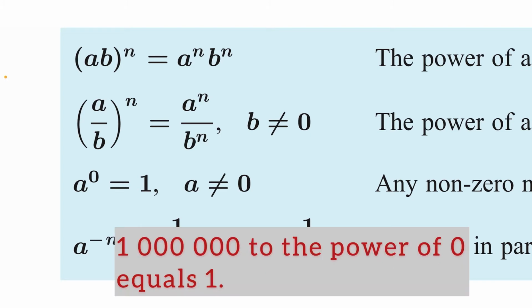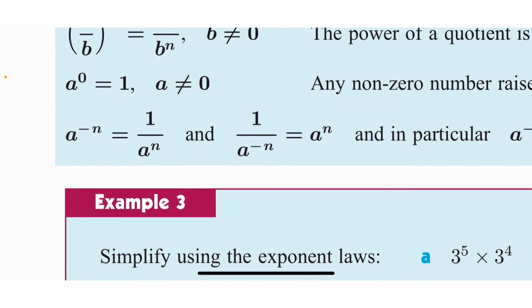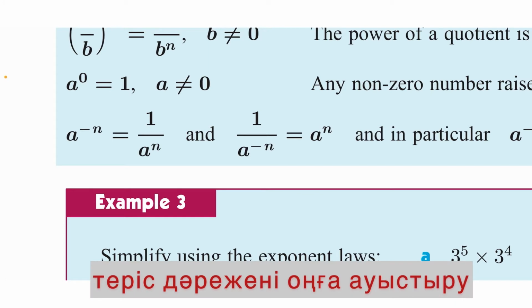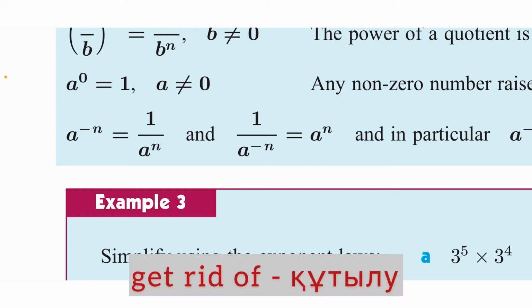Even 1 million to the power of 0 will be equal to 1. And now the important part: a to the negative nth power will be equal to 1 over a to the power of n, such that we get rid of the negative power.